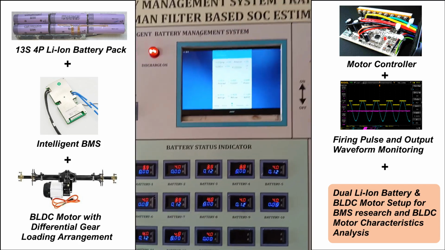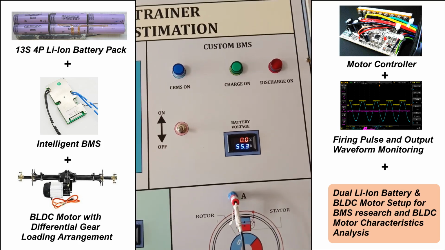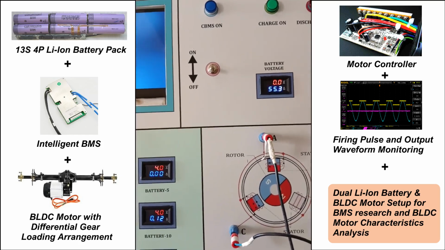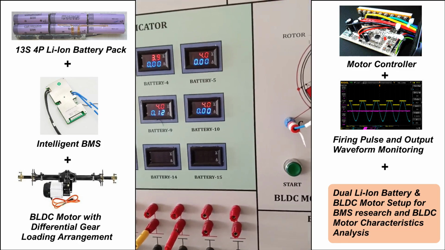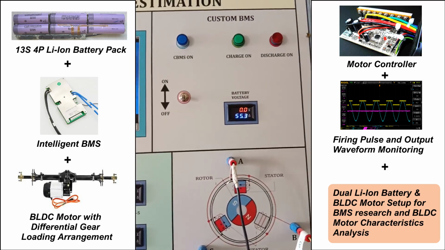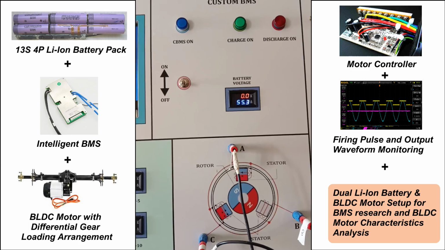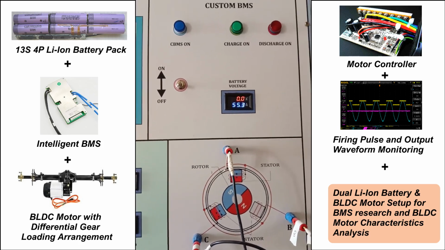With this setup, we also have a custom BMS. We can connect the custom BMS setup with two separate batteries, and we can apply our Kalman filters or any algorithms which are required or which can be developed or designed for research.